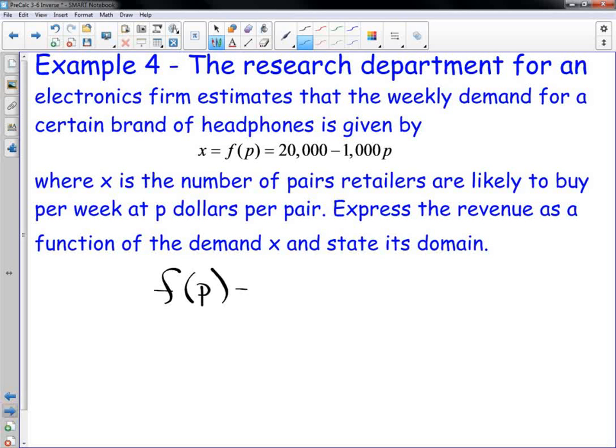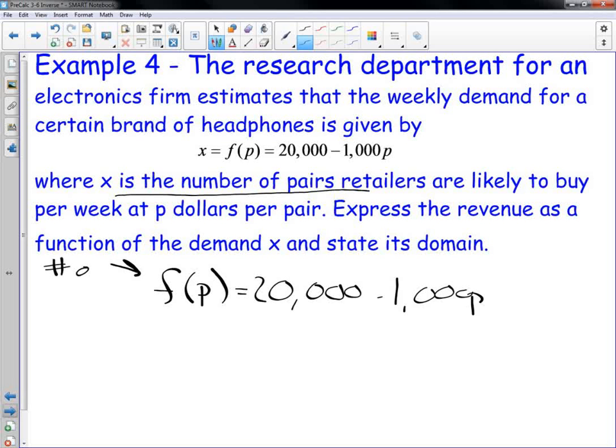What they have right now is f of P equals 20,000 minus 1,000 P, where this is X, the number of headphones, and this P is price.